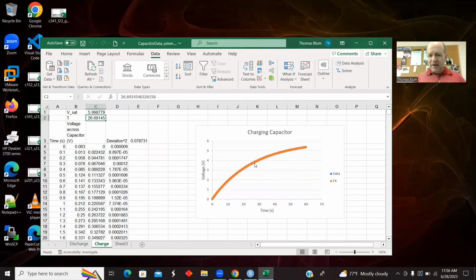Right now, they're both markers, and I might change the fit to a line and keep the data as markers to emphasize the difference between the mathematical function of the fit and the data, which is discrete points. But I'm not. So just at this point, I will end this here.